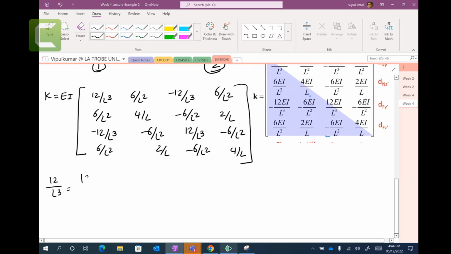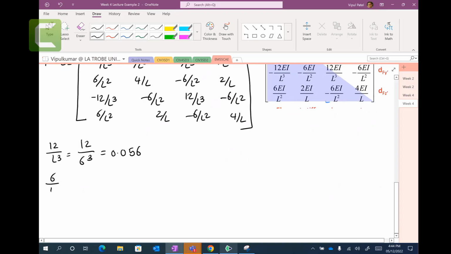12 on L cubed, 12 on 6 cubed. Let me calculate that. 12 divided by 6 cubed, you get 0.056. 6 on L square, 12 on 6 square. So 12 divided by 6 square, you get 0.333.